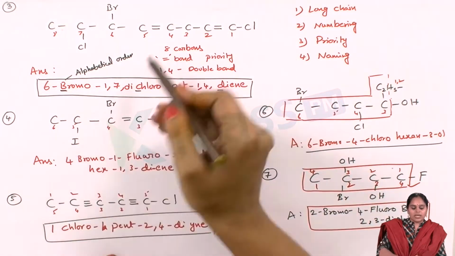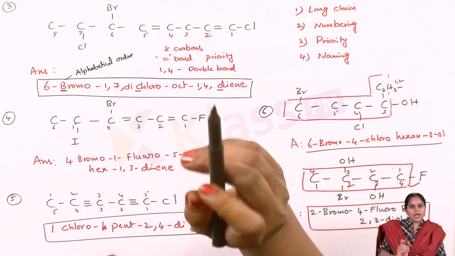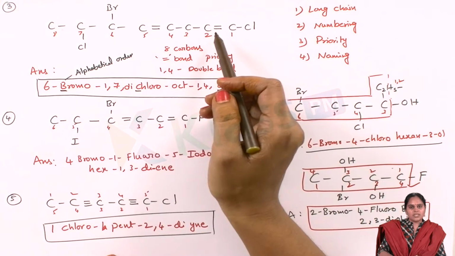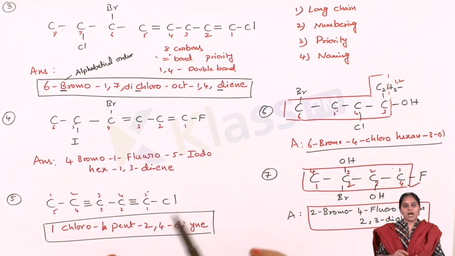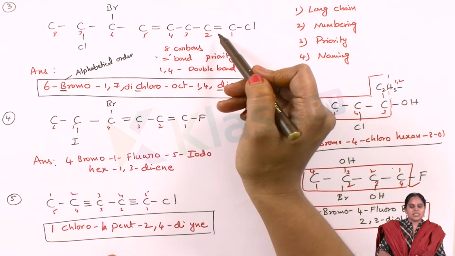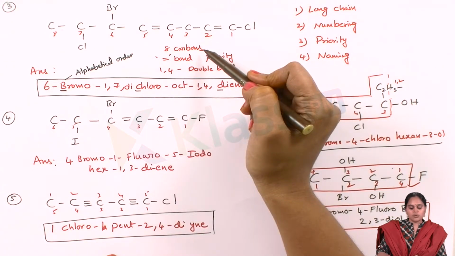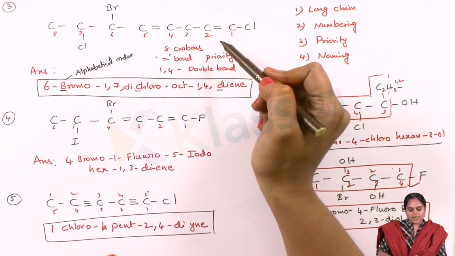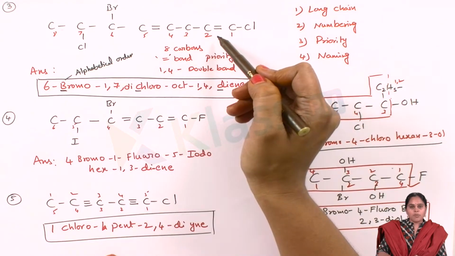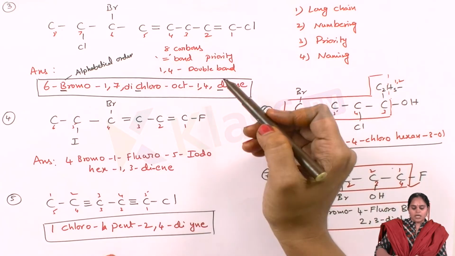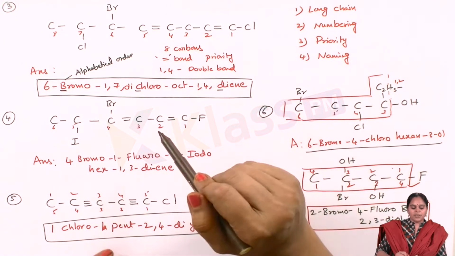We cannot say octane because 2 double bonds are there. Ane means it should come only with single bonds. When double bonds are there, what is the priority for alkenes? At least one double bond should be present between 2 carbons. So here 2 double bonds are there. This is an alkene. Observe here, 8 carbons, so octa plus ene. And where are the double bonds present? The first position and the 4th position. So give the naming now.